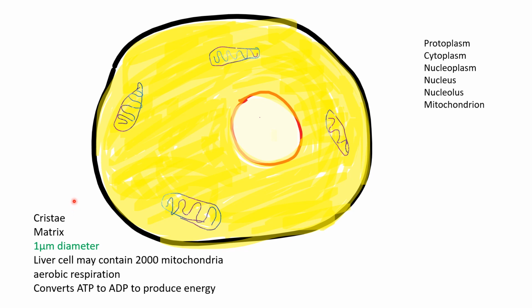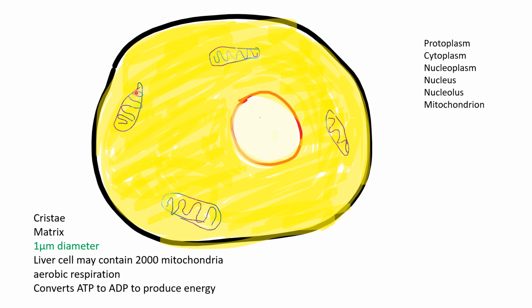And the fluid inside the mitochondrion is called the matrix of the mitochondrion. The mitochondrion has the matrix as its base, and cristae is the folded inner membrane of the mitochondrion.